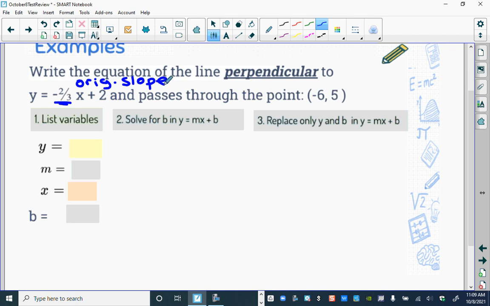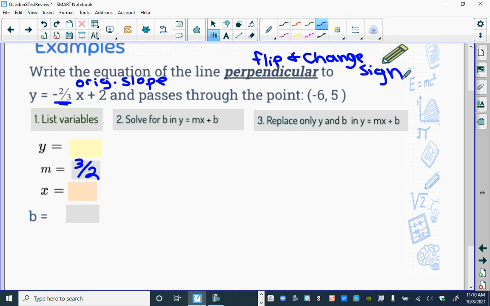What will the new slope be if we're going perpendicular? And would it be negative? Yes. Okay, listen up. -2/3. You have to flip and change sign.